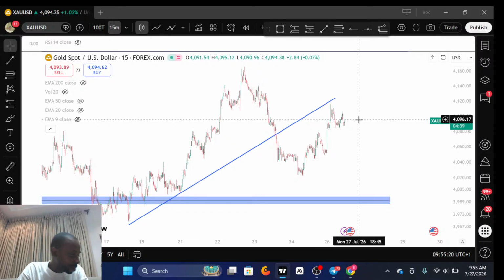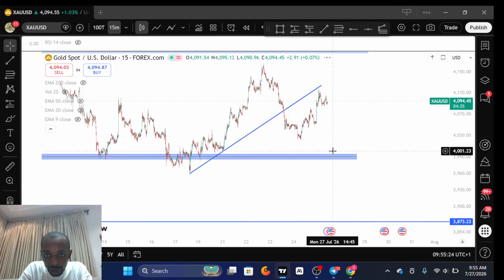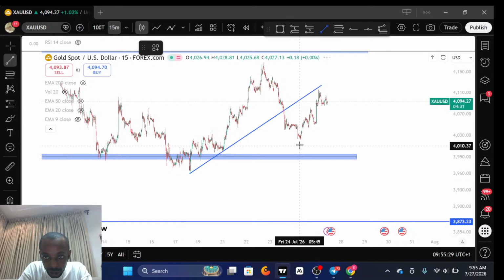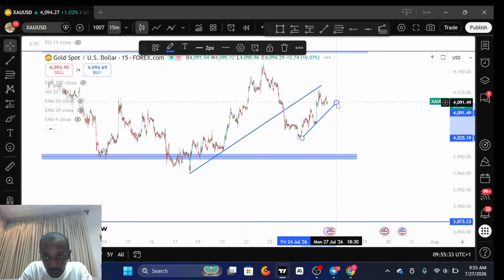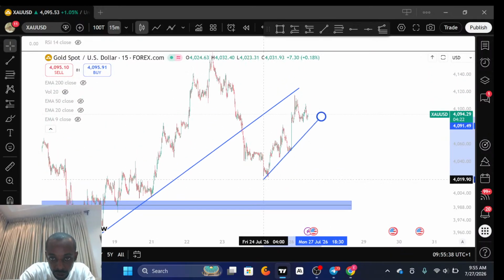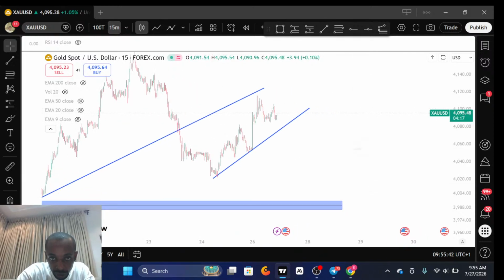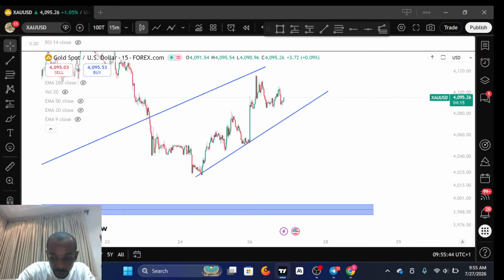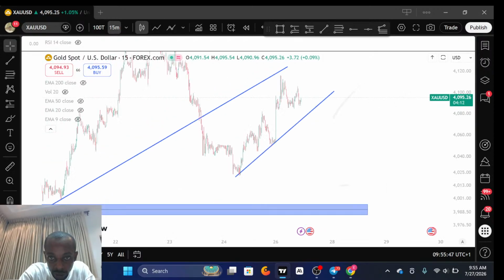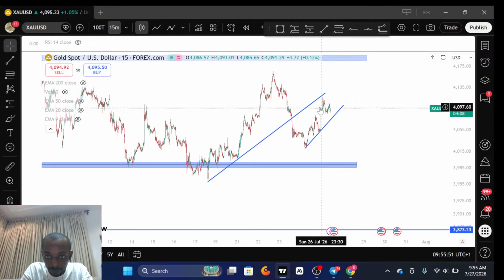What does the 15 minutes time frame tell us? This market is going to be somehow bearish.